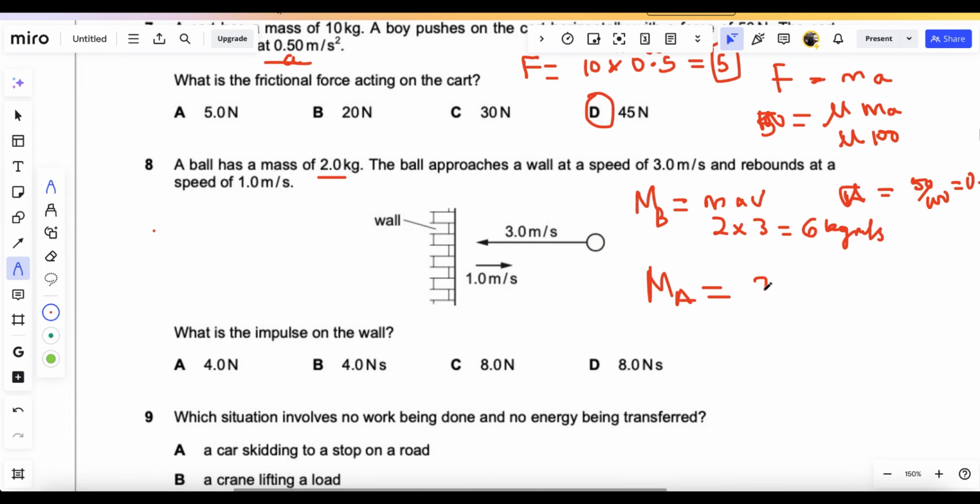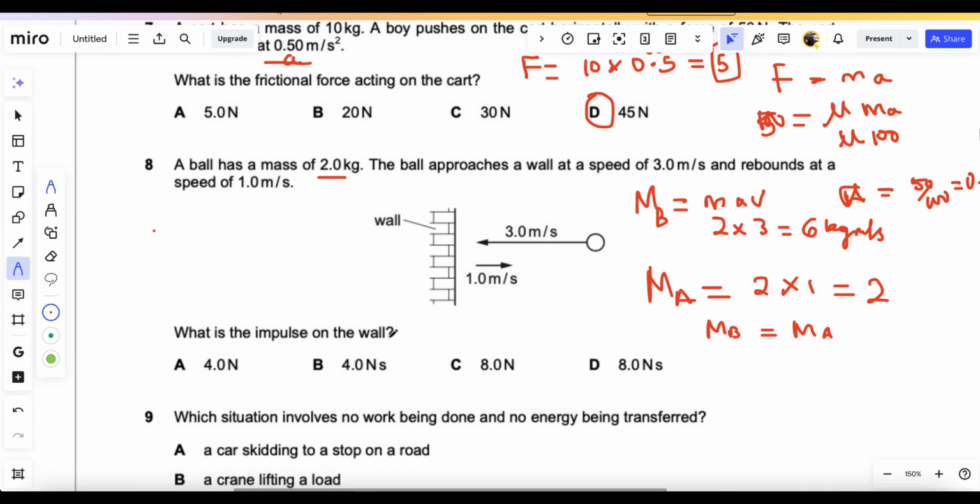The mass is 2, and the speed is what? After it hit the wall, the ball starts going backward, in the opposite direction, with 1 meter per second. So 2 times 1, we get 2. The law of conservation of momentum says that the total momentum before collision is equal to the total momentum after collision. So what is the impulse on the wall?